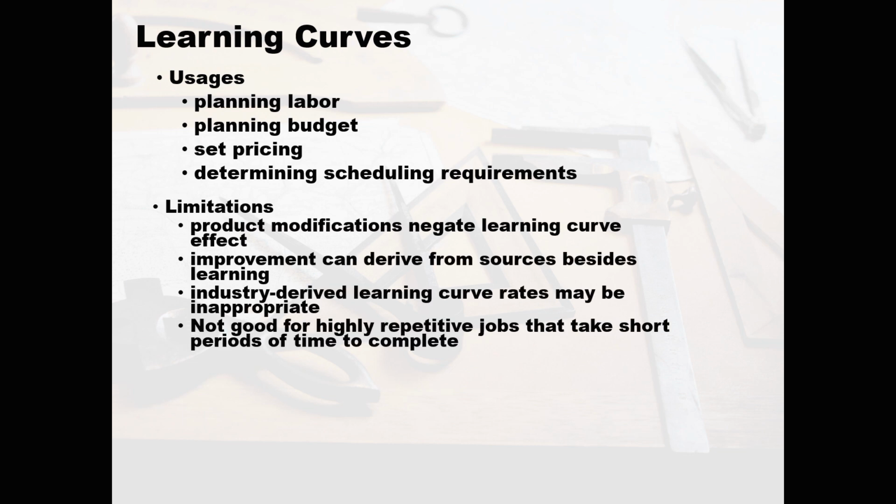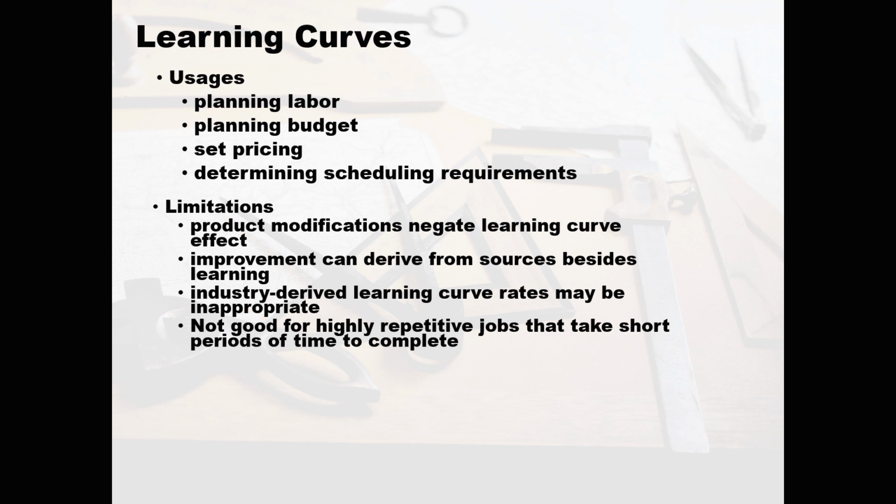There are limitations to the learning curve. If there's a modification to a product, of course it's going to change the learning curve. It can make the learning curve steeper, or it can make it less steep. It depends on the modification. If the product becomes more complicated to put together, it could make the learning curve less steep.